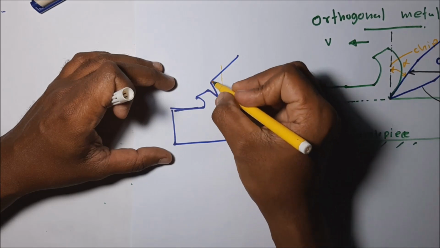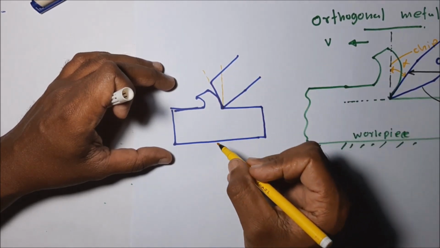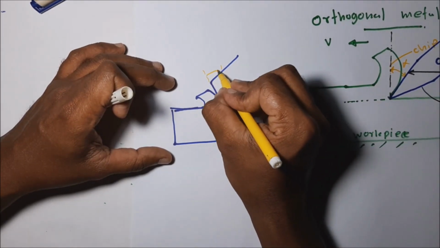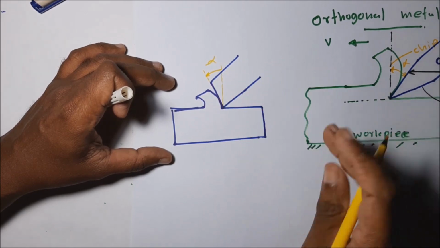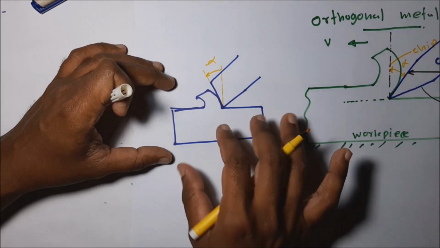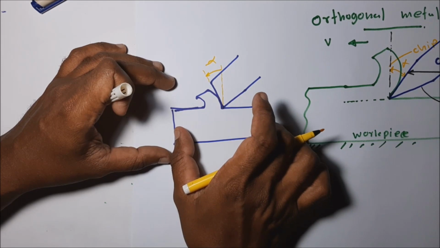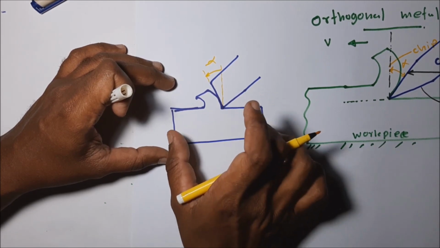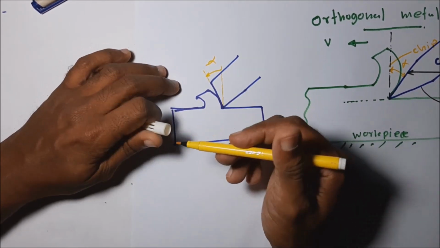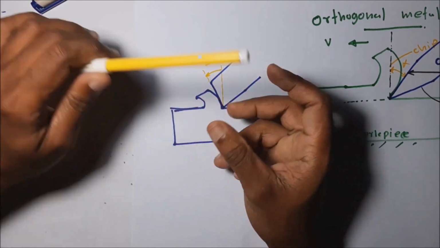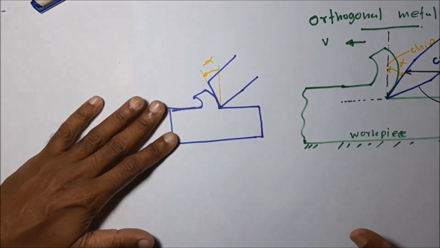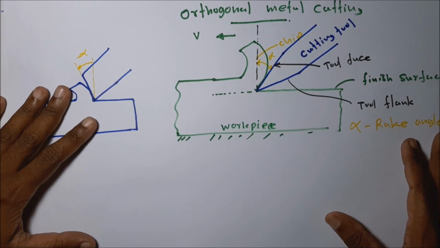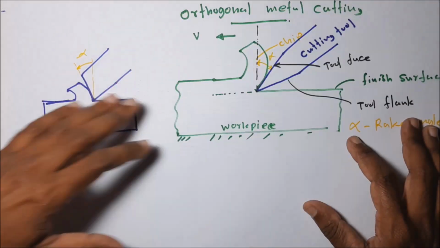Then this is the tool face. You can see this angle is negative alpha. Especially when machining very hard material, negative rake angles are used. Later you will learn selecting the alpha value for certain machine operations as we discuss.